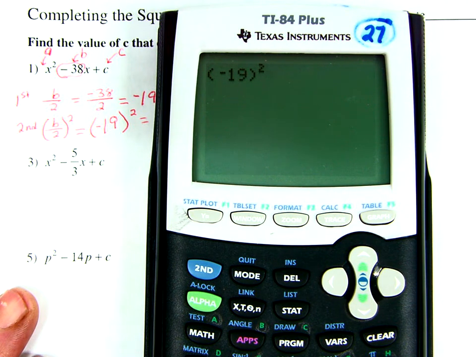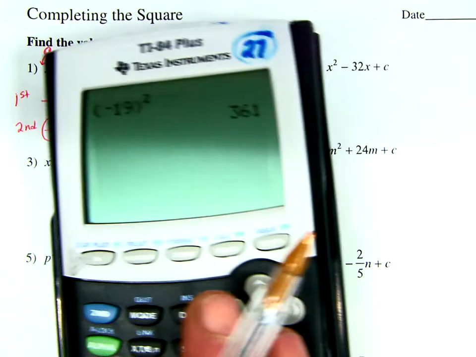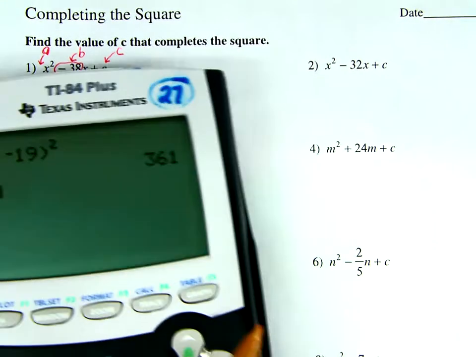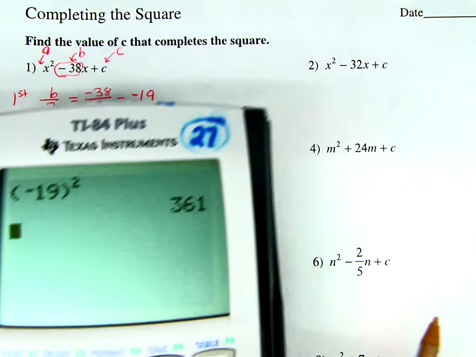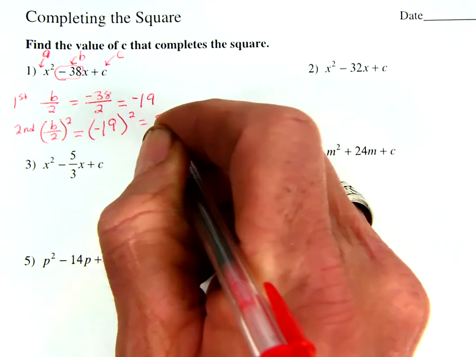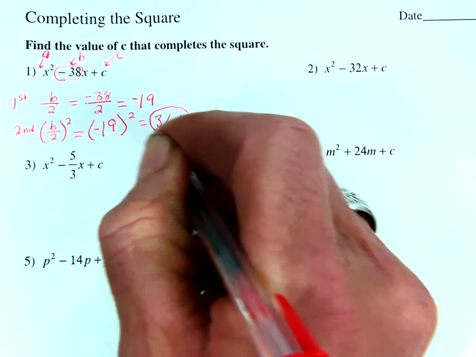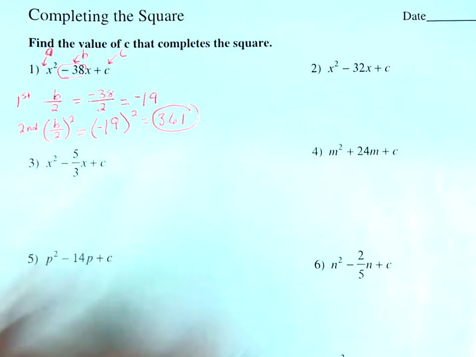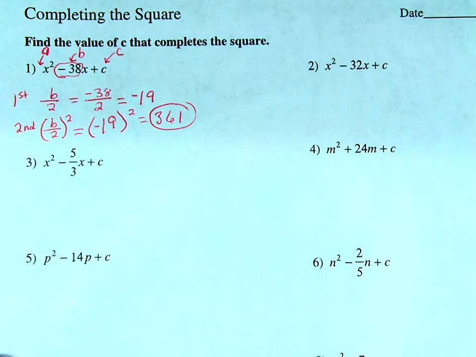We've talked about how the calculator before wants to make that a negative number. There we go. 361. So the answer to number 1 is positive 361.